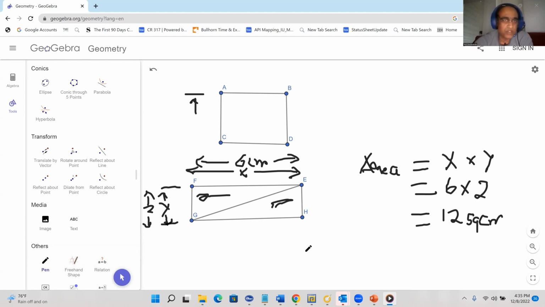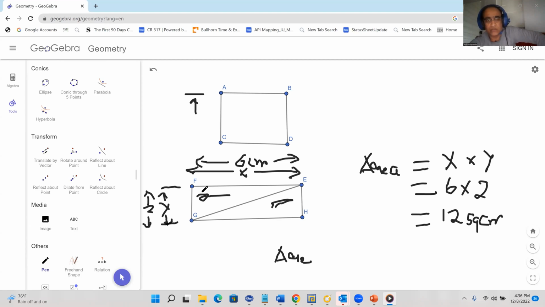Now, when you observe this symmetry, right, that symmetry drives you to conclude that this triangle is exactly half of this, which means if I need the area of this triangle, which triangle? Triangle is described by three sides, right?